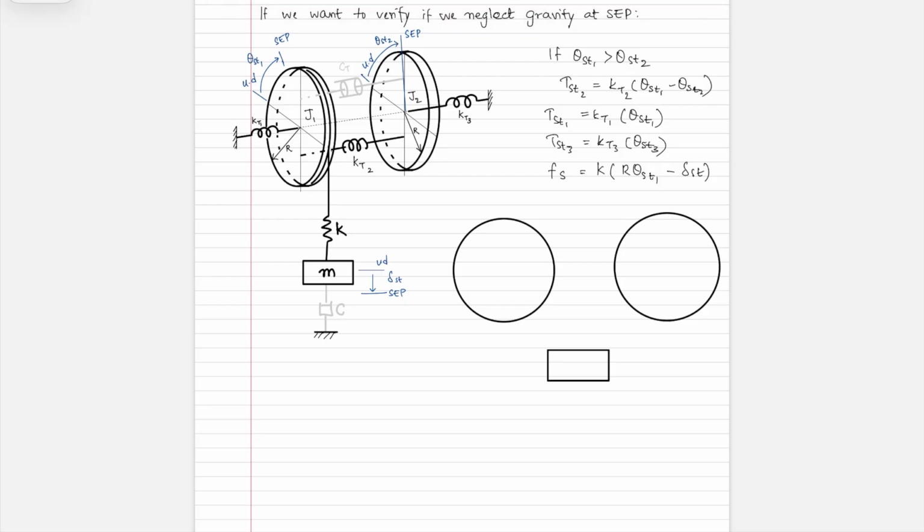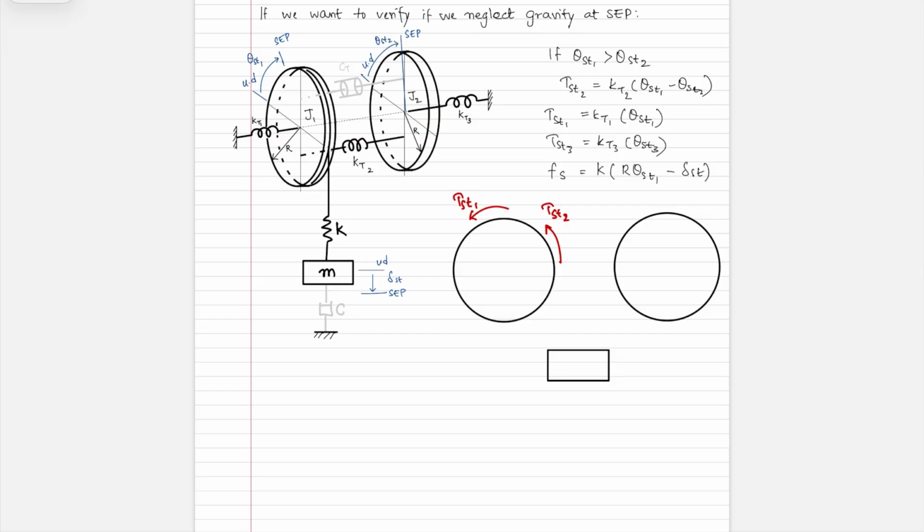So first, tau st1 is going to counteract theta st1 because one end is fixed, so it's acting in this way. So this here is tau st1. What about tau st2? It is going to counteract the greater of them, so that is theta st1. It's counteracting that, so it's here, tau st2.